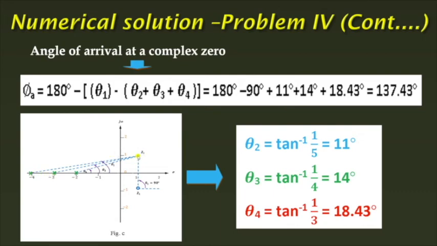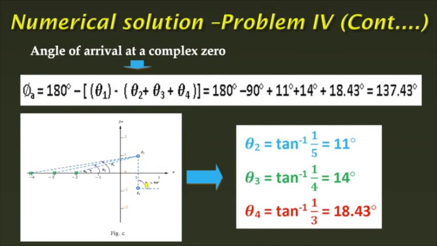That means there are two complex zeros. We consider only one as the test point. Then all zeros and poles are connected to this test point by straight lines.